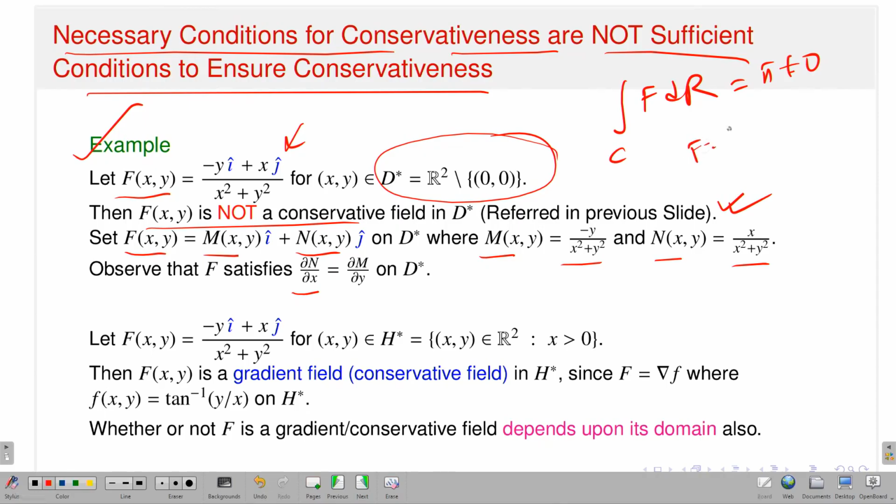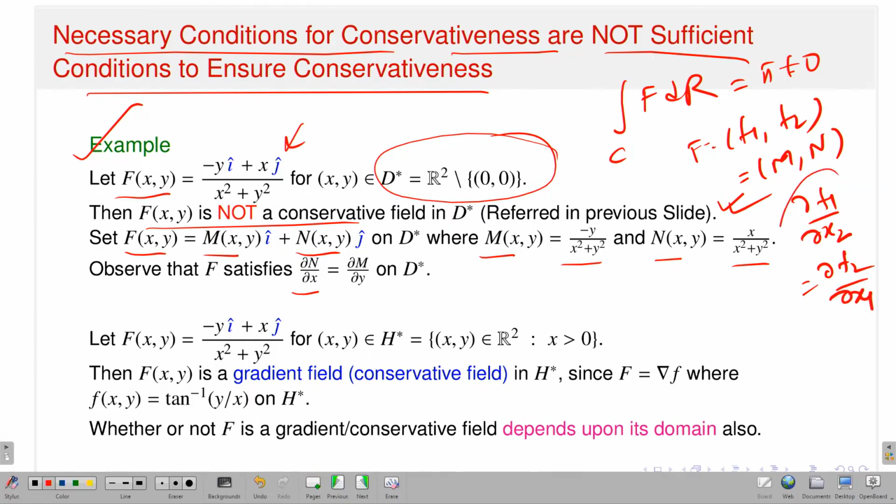So, capital F you can write as F1, F2, which is the same as capital M, capital N. So, what the theorem says, that means del F1 del x2, suppose I have the variables x1 comma x2, right. So, that is the same as del F2 del x1. So, this actually boils down to, what is my F1? M. So, that means del M, and what is my x2? x1 is x, x2 is y. So, therefore, this is del y, which should be del N, F2 is N, and del x1 is del x.